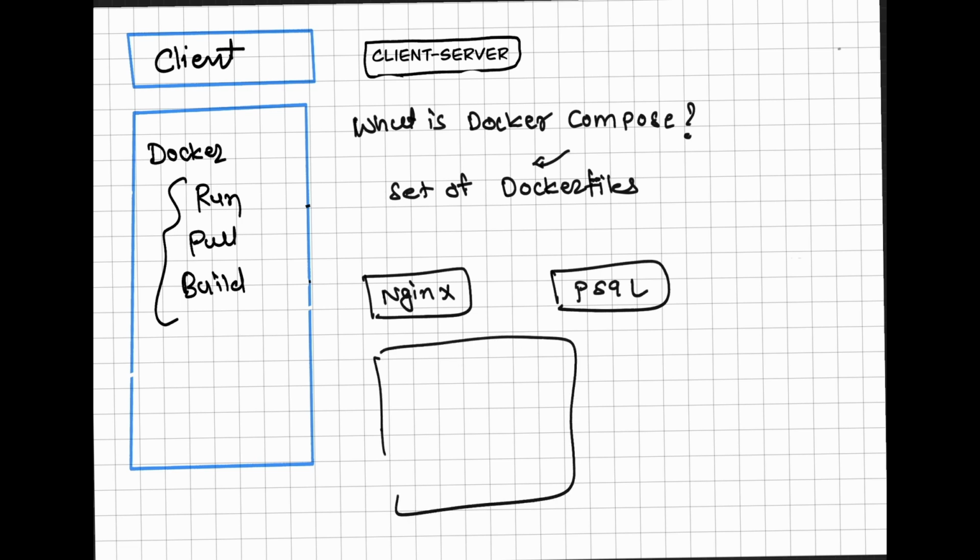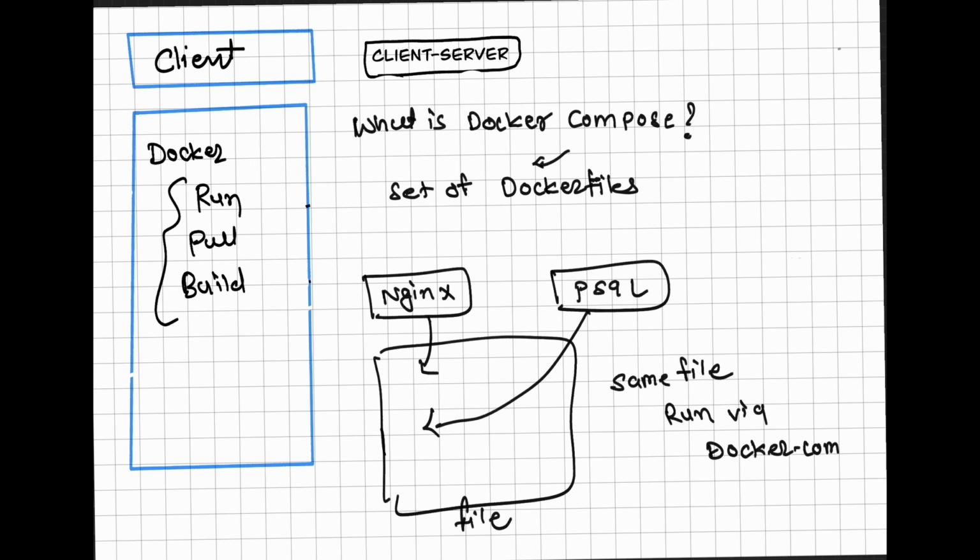You take them, you put them into a file called Docker Compose, and set some instructions, and you are able to run that Docker Compose file with docker compose up, and it will be up. So it will be very handy when you are using multiple images and connections between them.